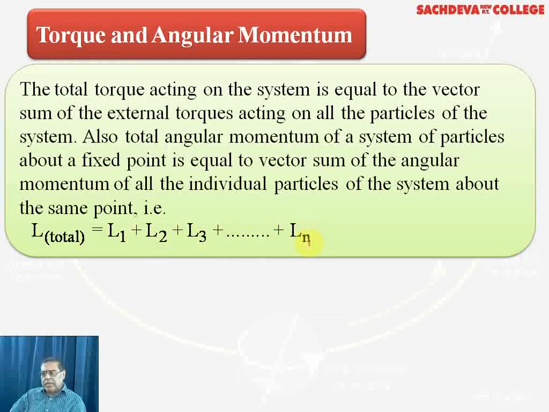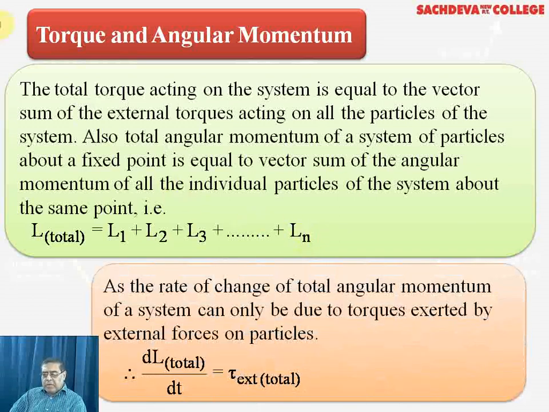Wherever we use angular momentum, it should be mvr or I omega, where omega is the angular speed. The rate of change of total angular momentum of a system can only be due to the torques exerted by external forces on the particles.